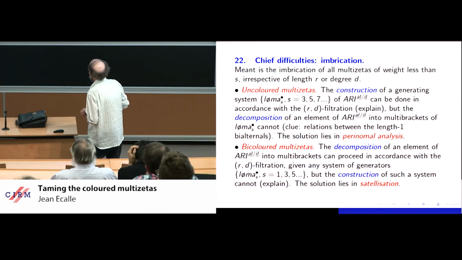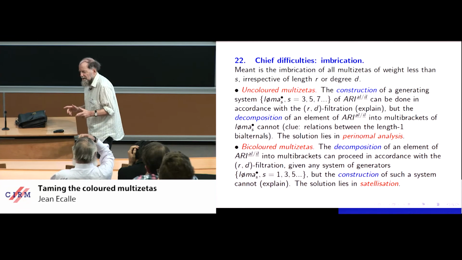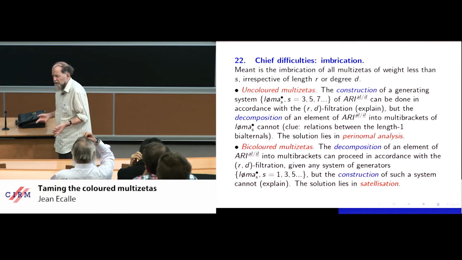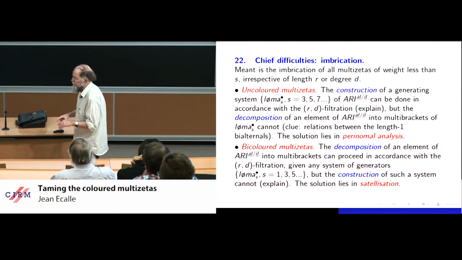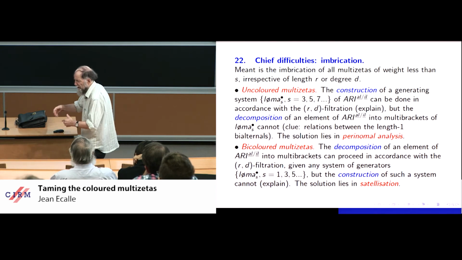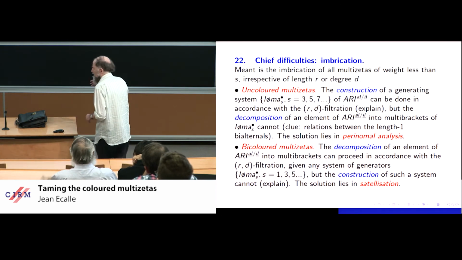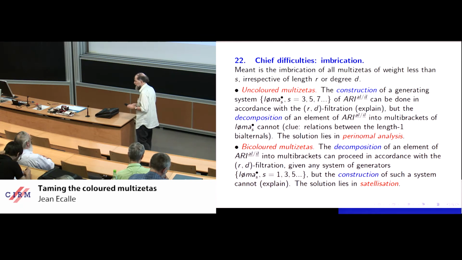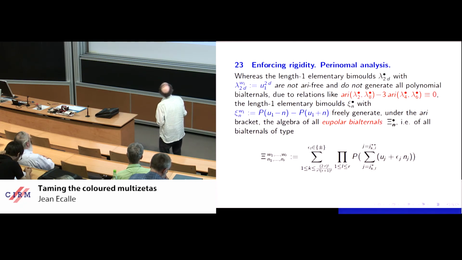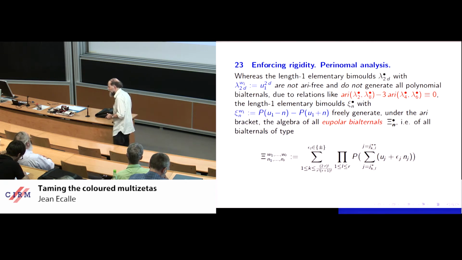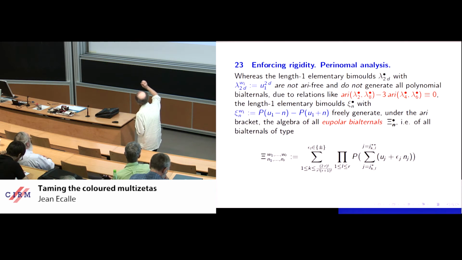So in the end the result is the same: a difficulty, an imbrication of all moulds, but the precise mechanism is exactly the reverse. In the case of uncoloreds, there are mountains of structure and cartloads of formulas, but I concentrate on the essential.